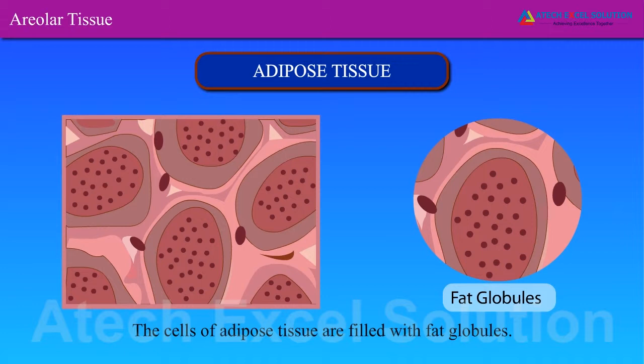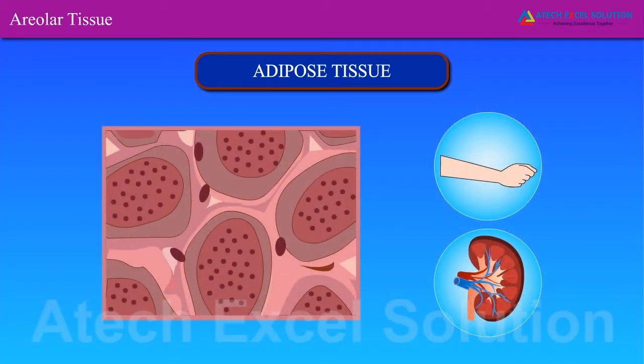The cells of adipose tissue are filled with fat globules. The adipose tissue is found below the skin and between internal organs, around the kidneys. Storage of fats also lets it act as an insulator.